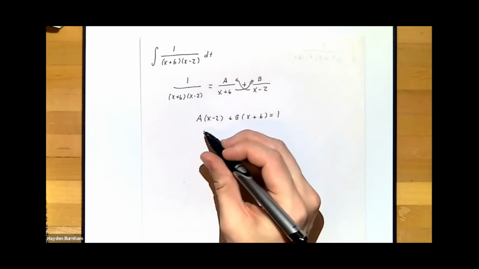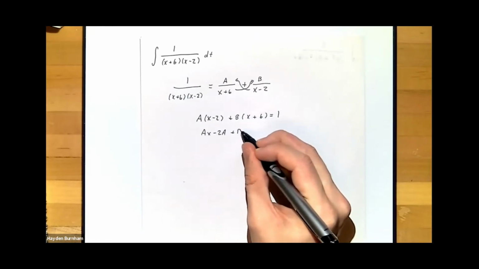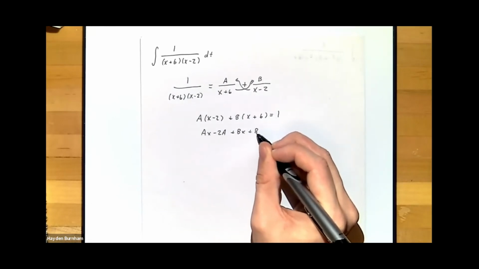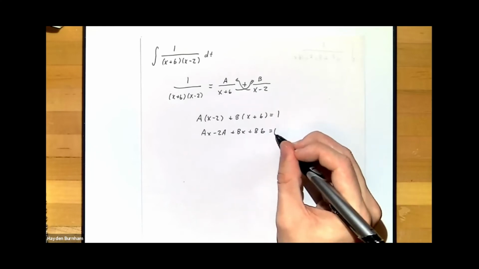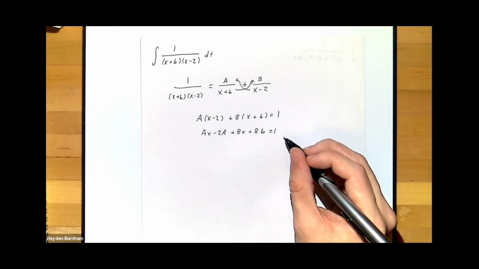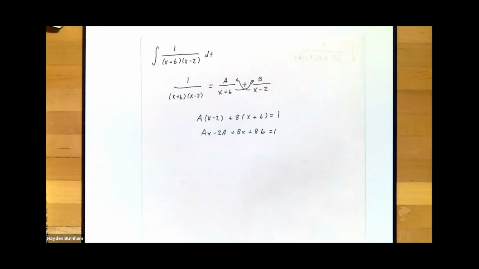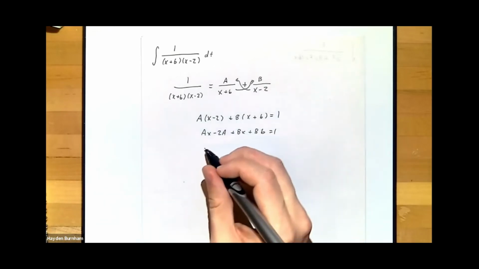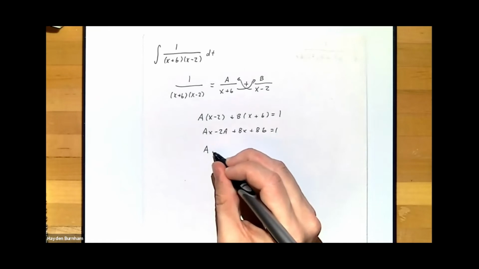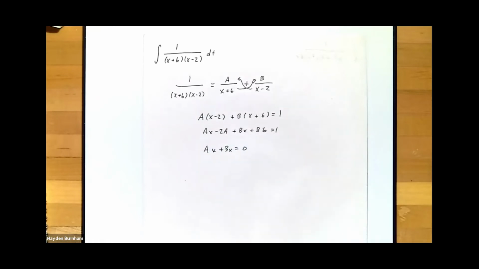Now we can expand it out, so we have Ax minus 2A plus Bx plus 6B equals 1. You can notice there aren't any x's on the right hand side. So that means all these x terms, Ax plus Bx, have to equal 0.